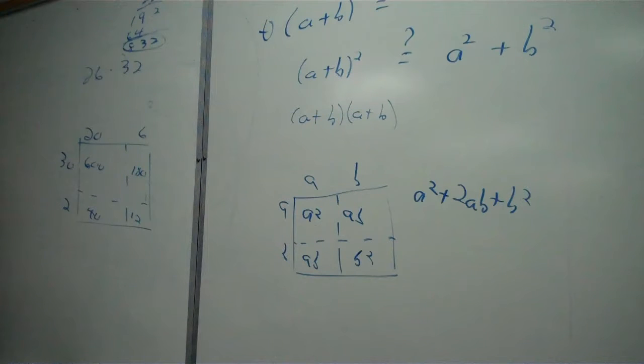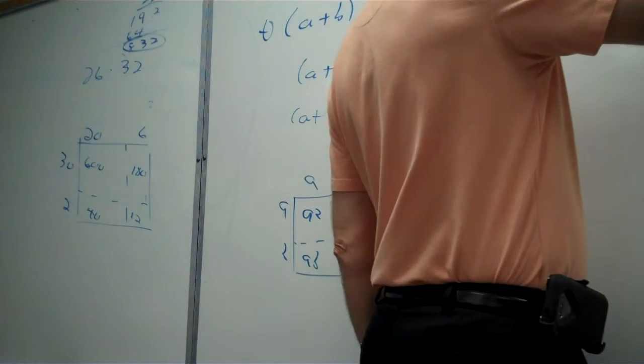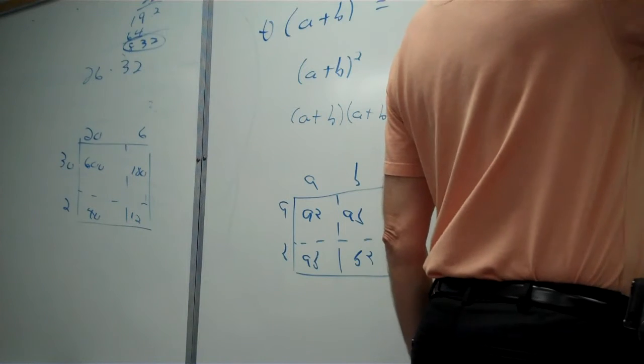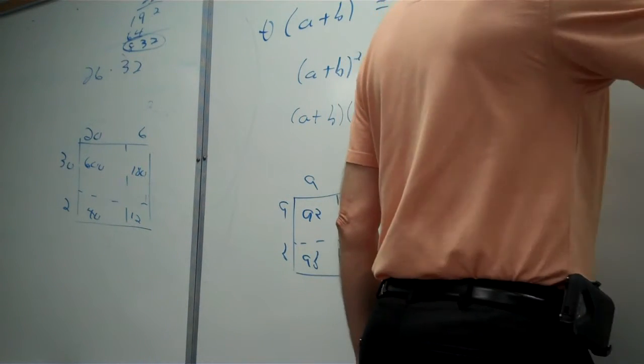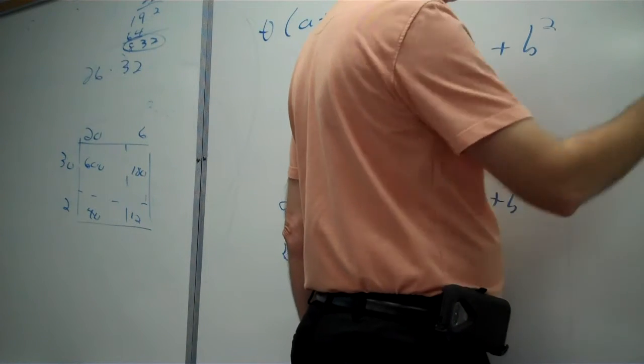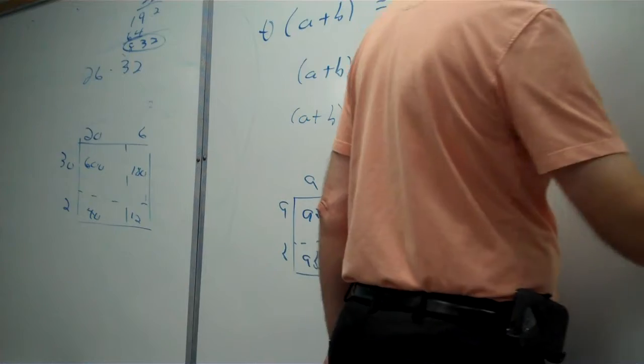Well, A, B, and C would be more like A plus B plus C times A plus B plus C. I think that would work fine, but it's still just the product of two things.